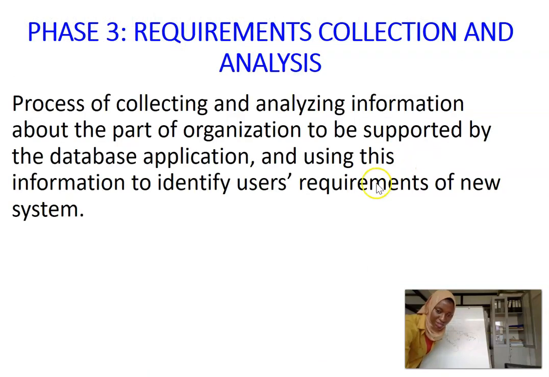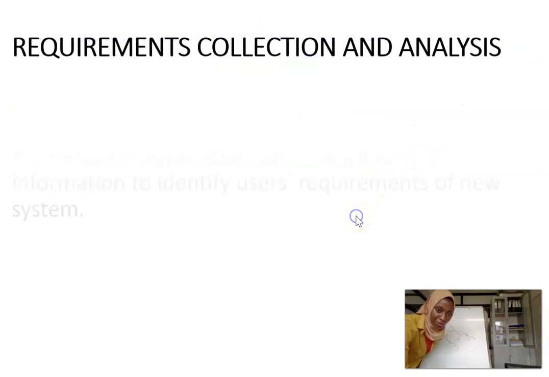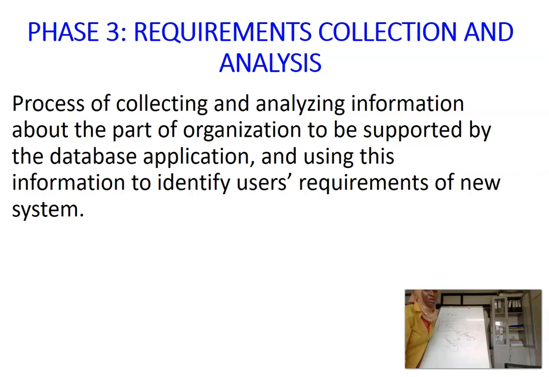Then we go to stage 3. Stage 3 is requirements collection and analysis. This is the process of collecting and analyzing information about a part of the organization that needs the database. For example, you have the human resource department.